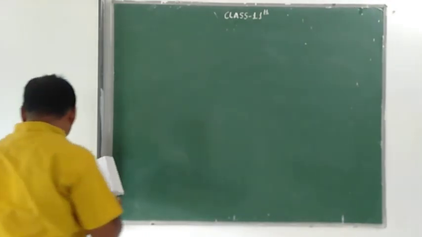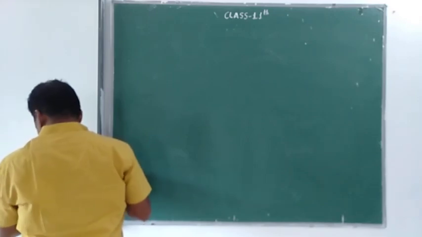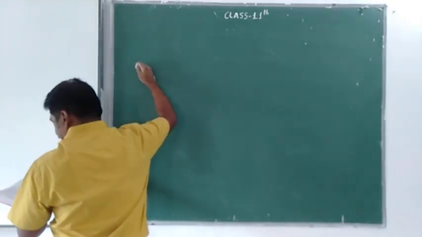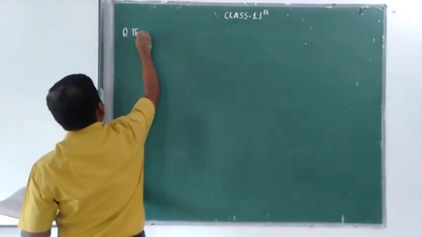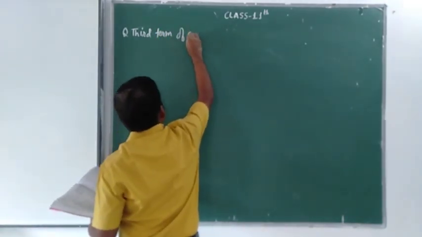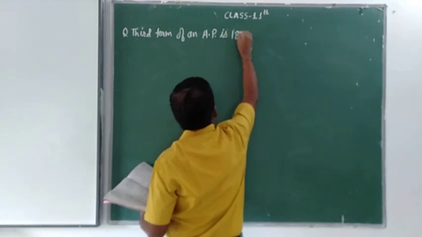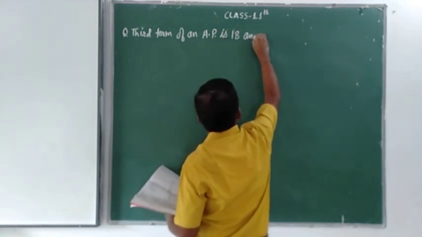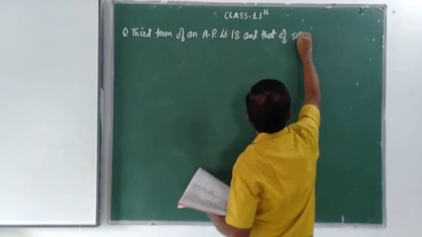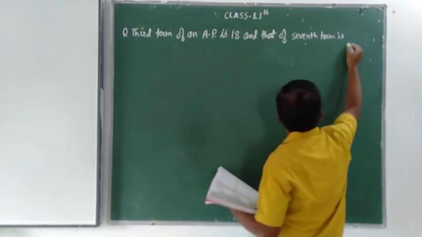The question is, we have given the third term of an AP is 18 and that of seventh term is 30.